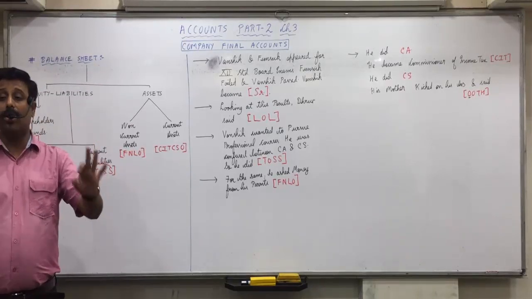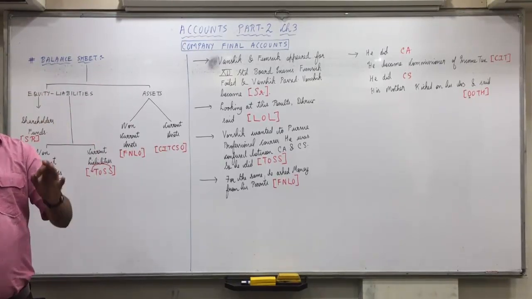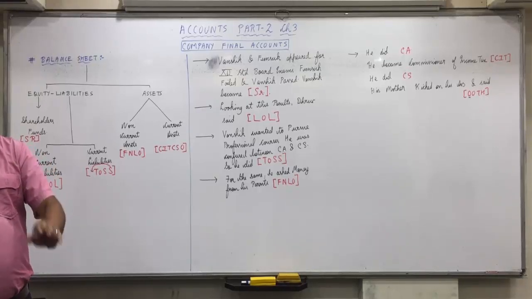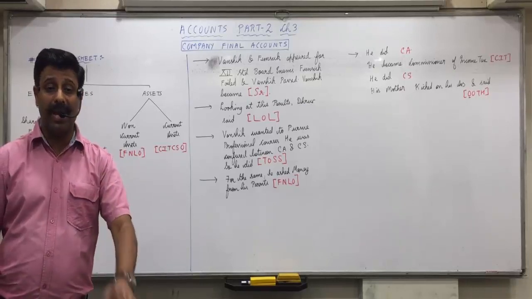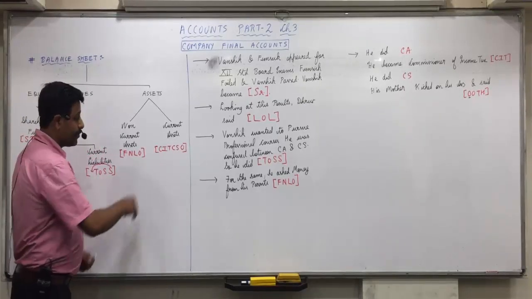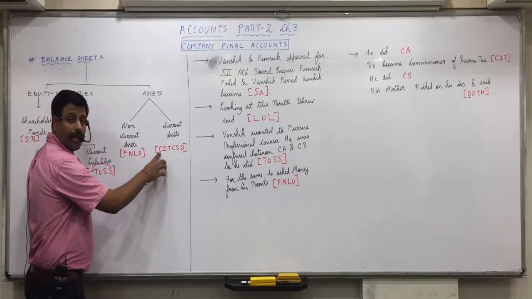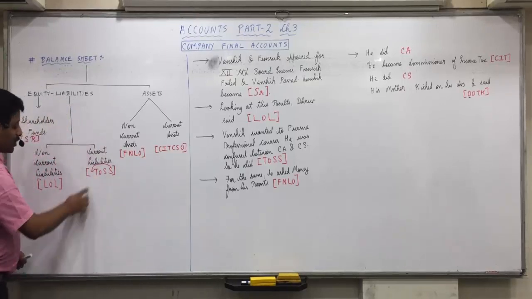Inventories means stock. Any kind of stock, whether stock of raw material, work in progress, finished goods, stock of stationery, loose tools, spare parts will come here. Inventories. Current investments, inventories. Okay. What was this T?